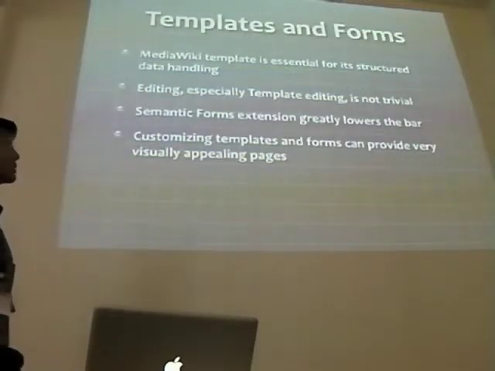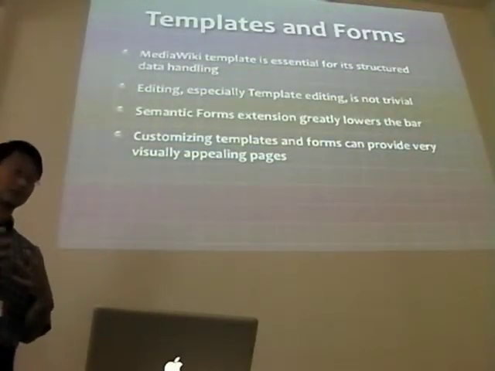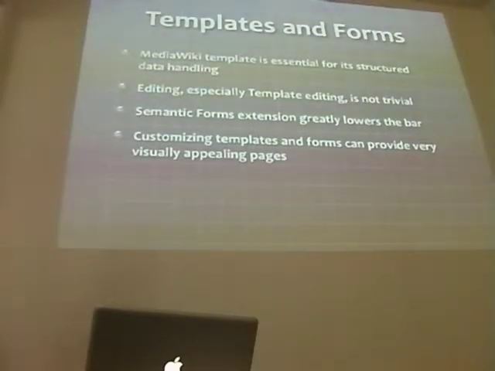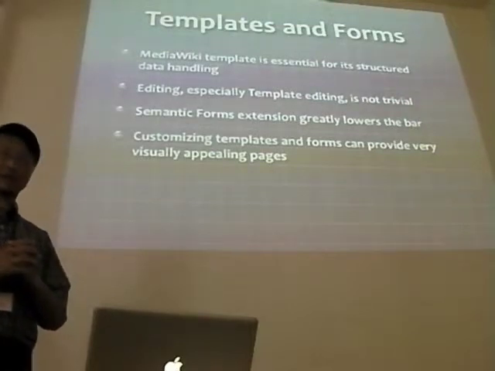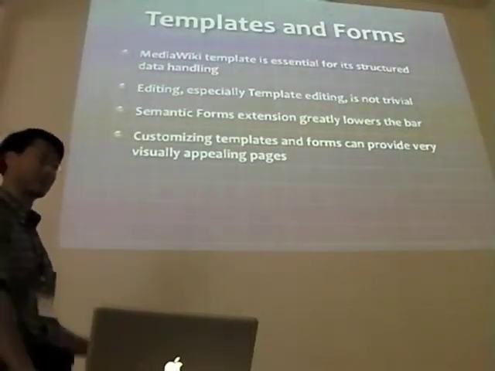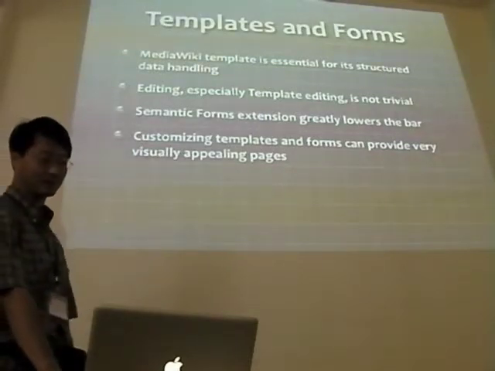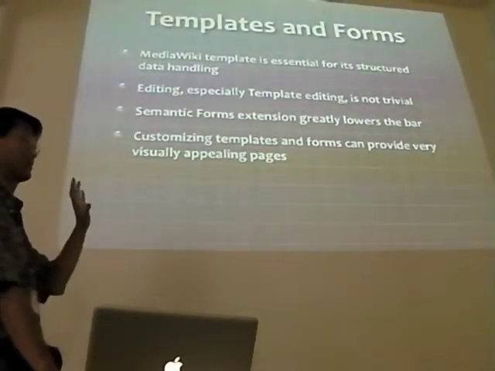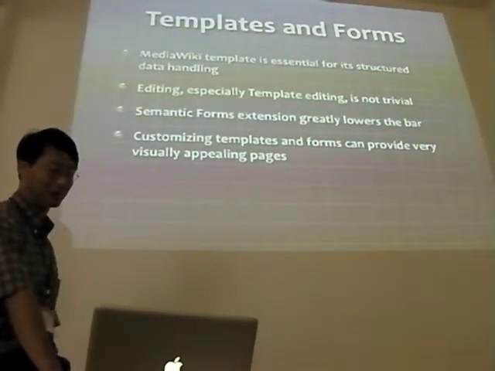Then it's templates and forms. Templates and forms are the basic core. The most important thing about Semantic MediaWiki is you need to use forms, Semantic Forms. It actually creates a lower bar, but you need to learn how to handle the Semantic Forms syntax, together with the MediaWiki template syntax, to build good-looking pages.